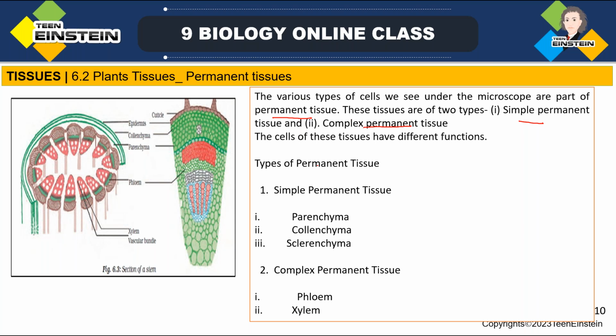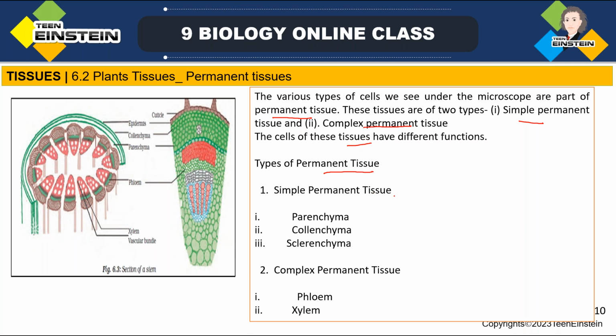Okay, so permanent tissue is of two types. And the cells of these tissues, tissue means group of cells, they have different functions.